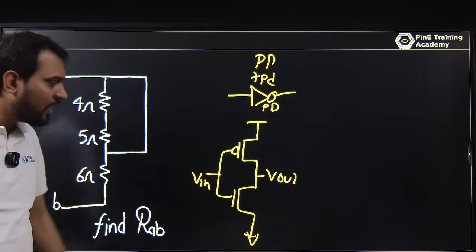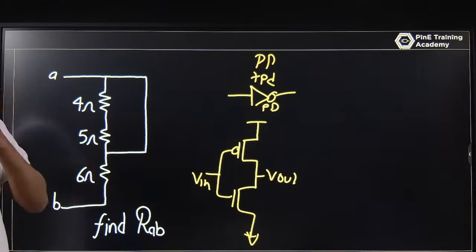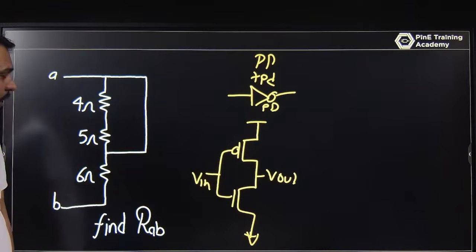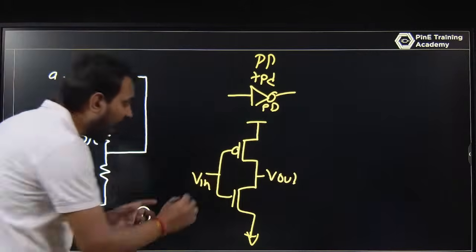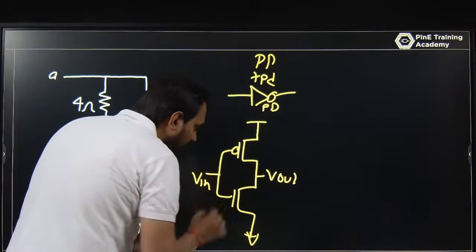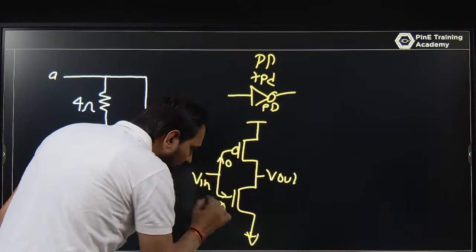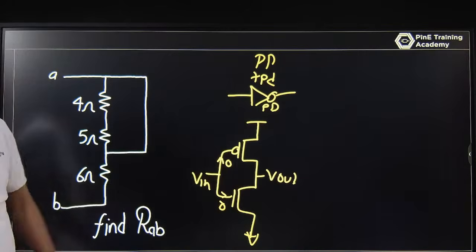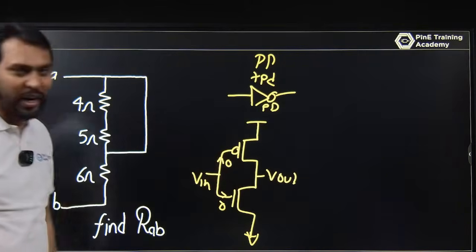And if you are designing this CMOS inverter, what will happen? Here you have a MOSFET as an input, and ideally the input current is 0. In a MOSFET the input current is 0, because this is silicon dioxide.